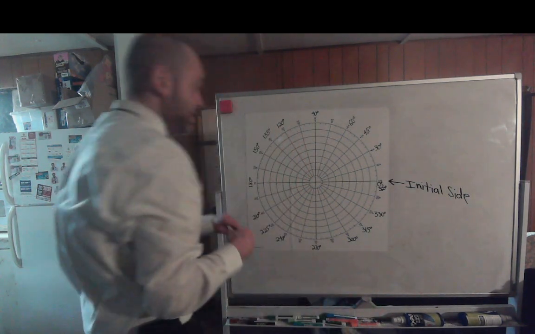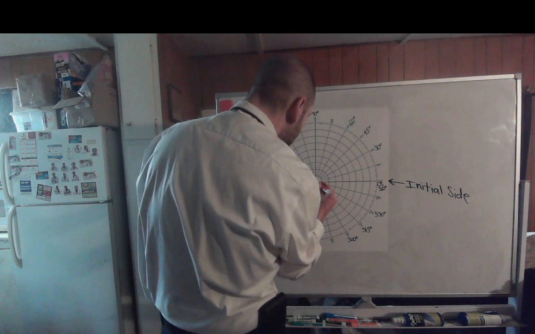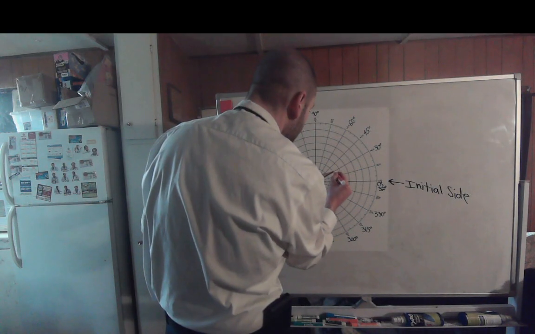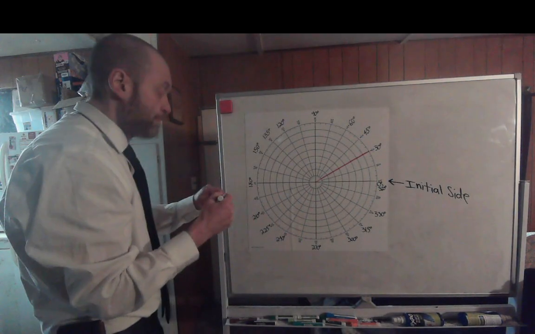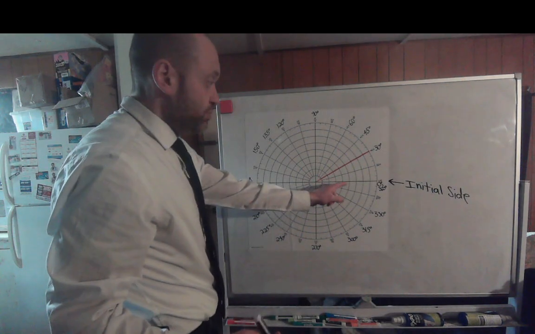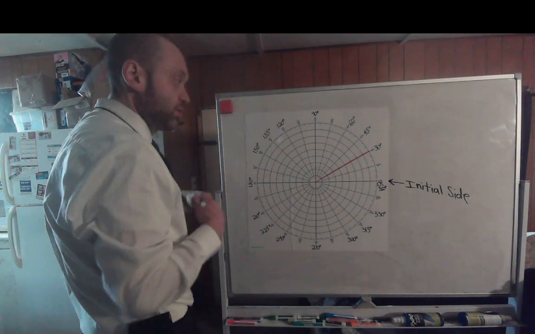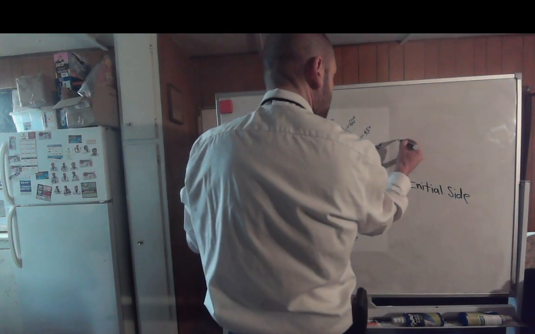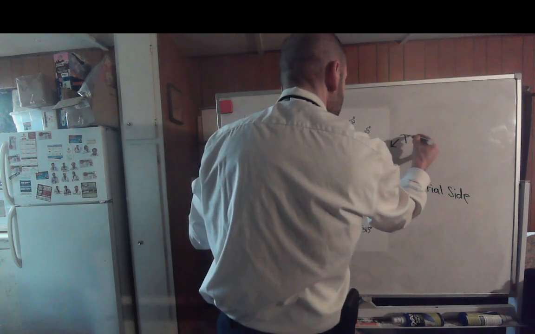Now, let's say I want to draw a 30-degree angle. I'm going to draw it in my red ink here so you can see it. Now I have a 30-degree angle between my initial side to the pi over 6 line, which is 30 degrees. That line where the angle stops, where it goes to 30 degrees, is called the terminal side.